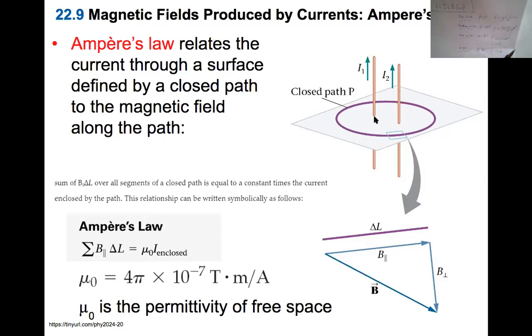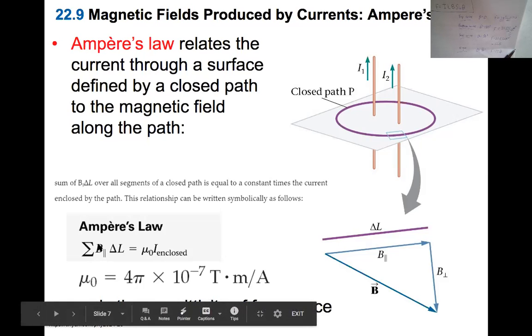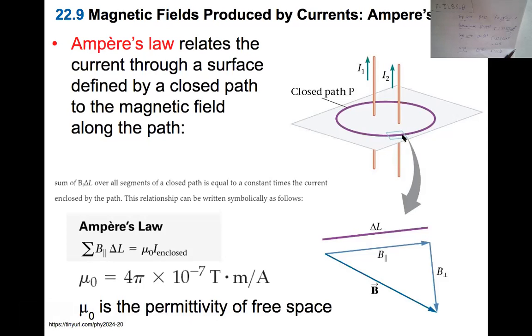Using Ampere's law, this is what you get. The tangential component of the magnetic field times the small dl. If you have this circular path, B will be the same all around, so you'll be doing B times just the circumference of the circle.